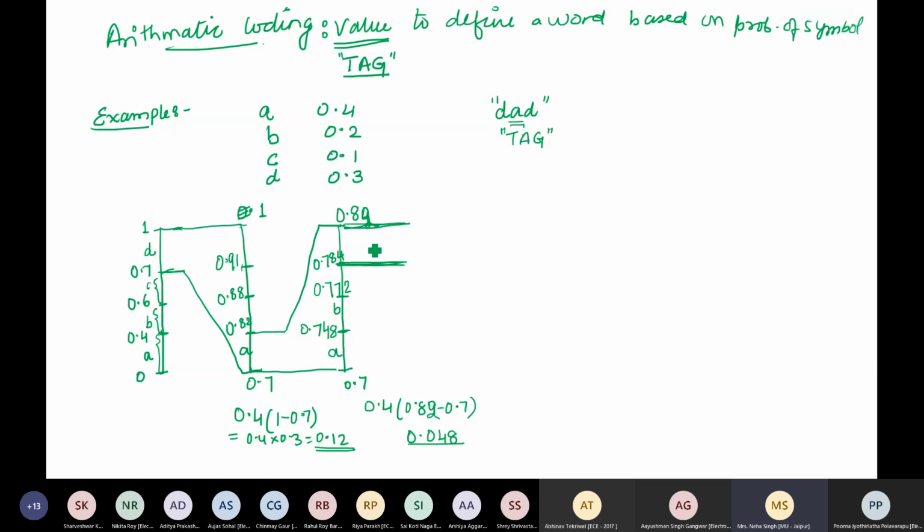of the two ends. So what is the average value that needs to be sent? 0.82 plus 0.784 divided by 2. This is my tag value.